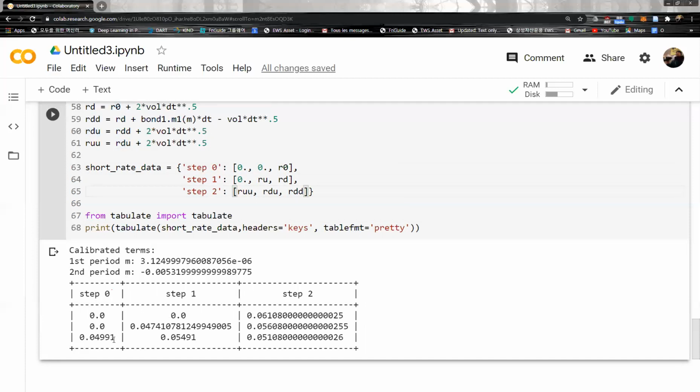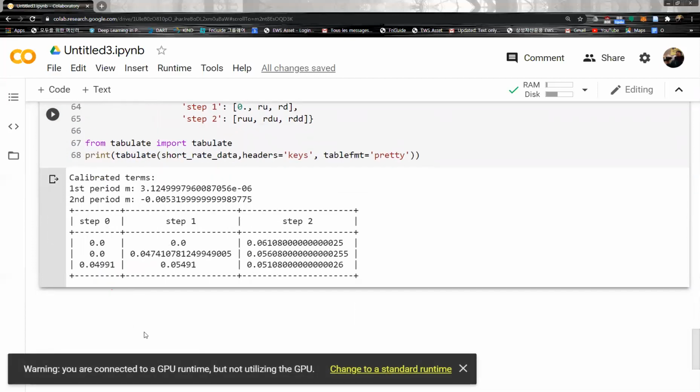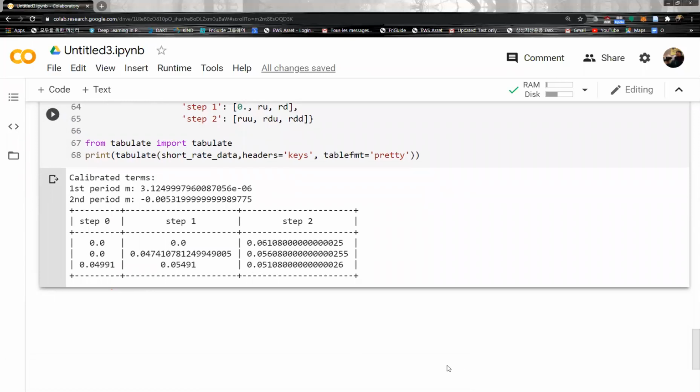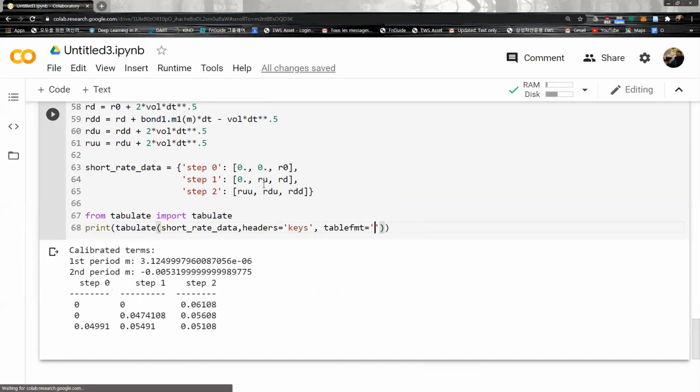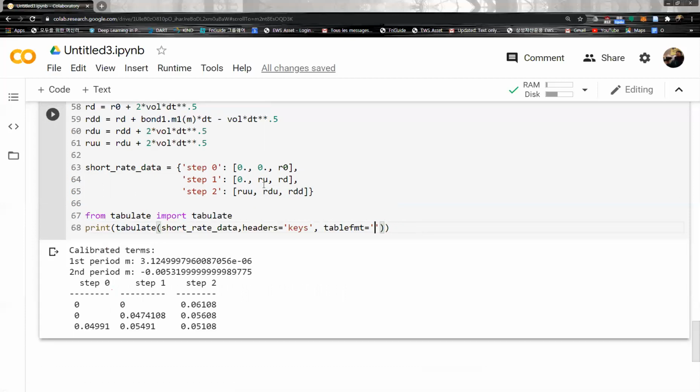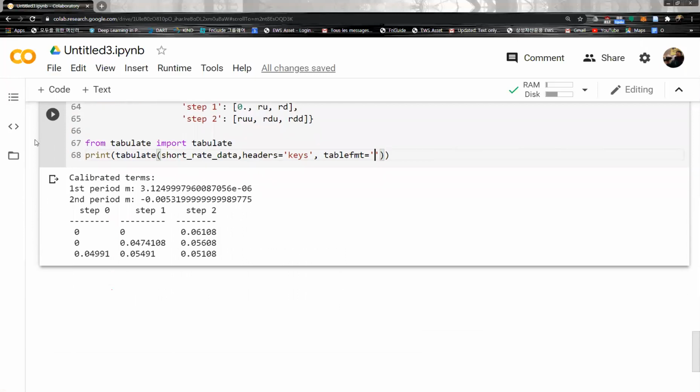Okay, so initial interest rate either goes up or goes down by this amount, and then again goes up or down, up and down, and down and down. So this is the path of the interest rate. Okay, that's it. Pretty. Okay, this actually looks better. Defaulted looks better.